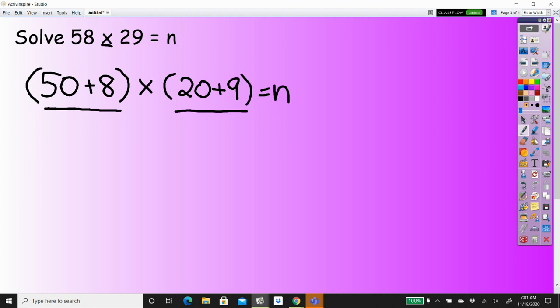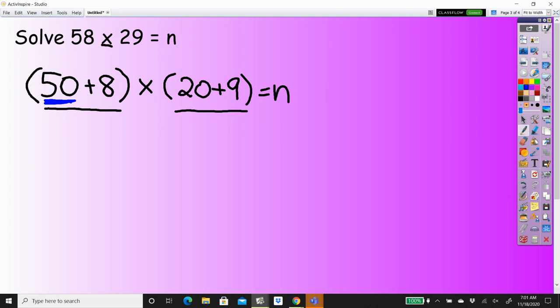First, we're going to start with 50. I will distribute the 50 to all the factors on the other side of the multiplication symbol. So that means to all the factors on the right. Watch how I do this.